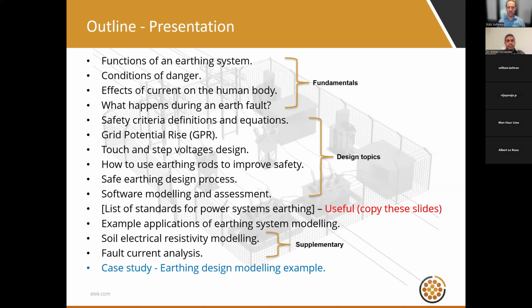We'll look at example applications of earthing system design and modeling. We'll talk about some slightly advanced topics such as soil electrical resistivity modeling and fault current distribution, or fault current analysis. And then, like I said, at the end we will have a case study where I will show you some design and modeling.